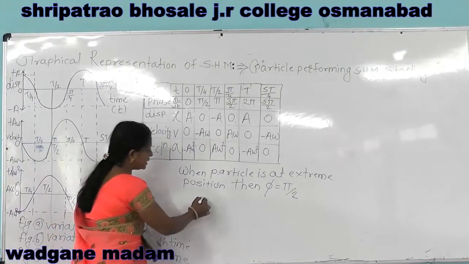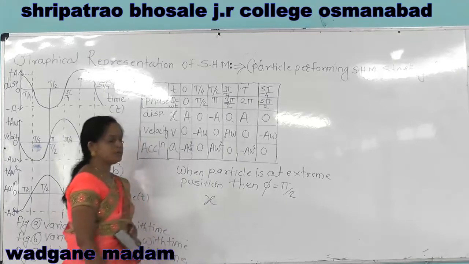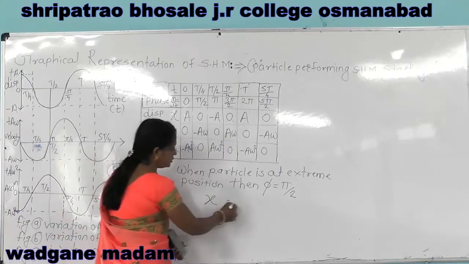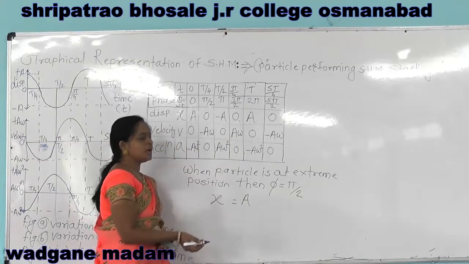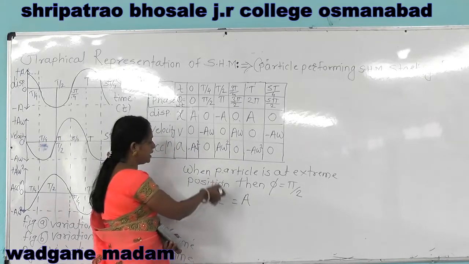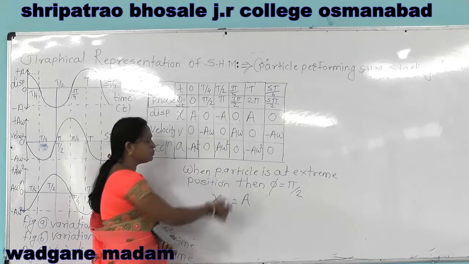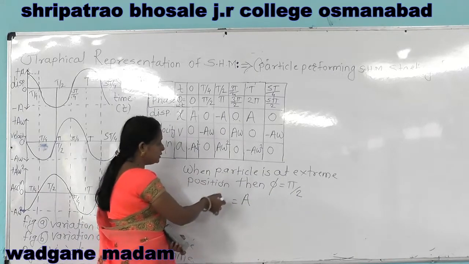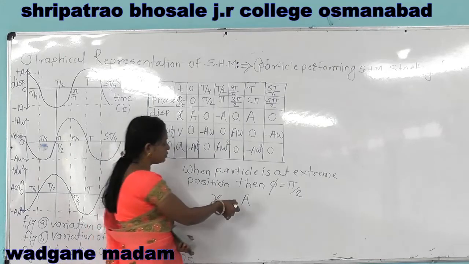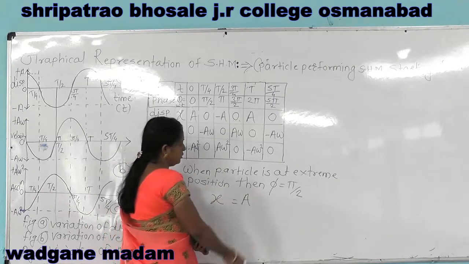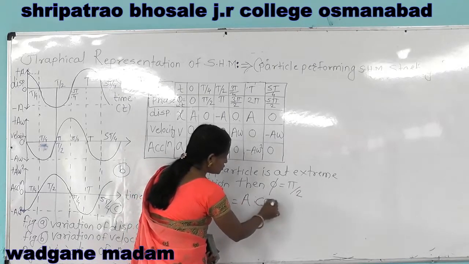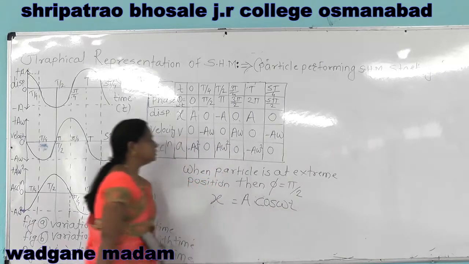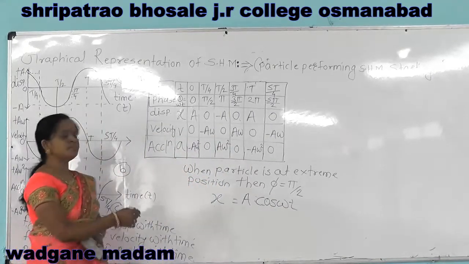Then the displacement of the particle, x, is equal to, as we discussed in the last lecture, when the particle is at the extreme position, phi is equal to pi by 2. Then the displacement at the instant of time is given by a cos omega t. This is the displacement of the particle at the extreme position.